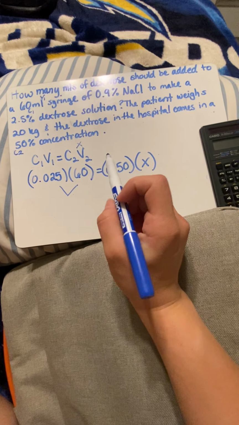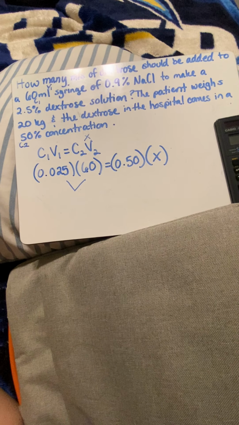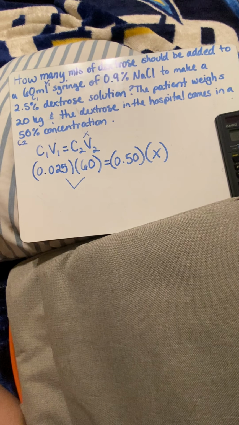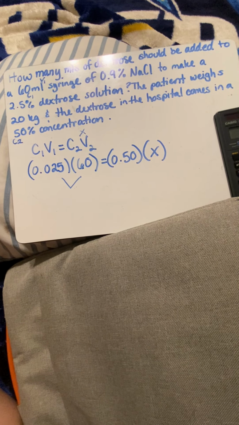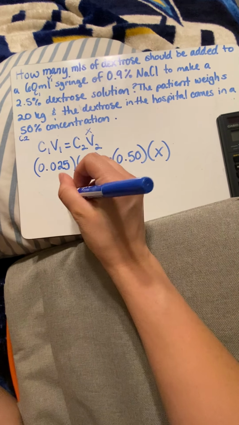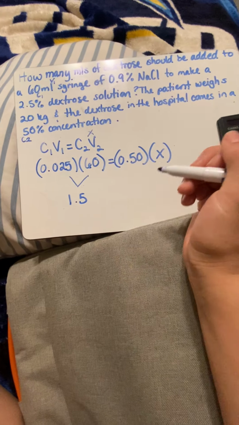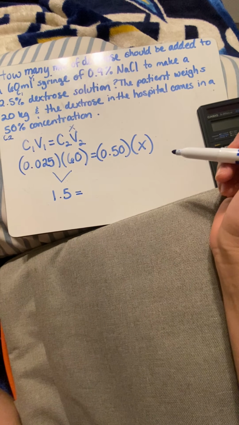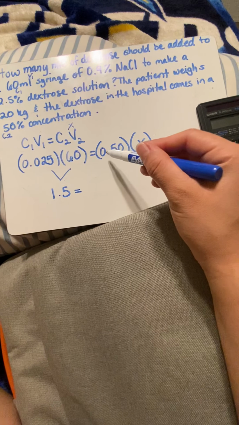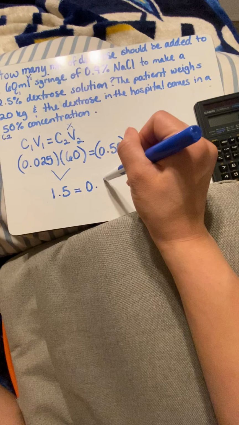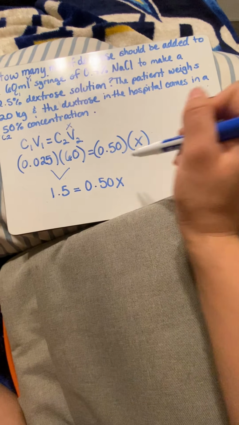I will go ahead and multiply. So 0.025 times 60 gives me 1.5. So now we're left with 0.5x.